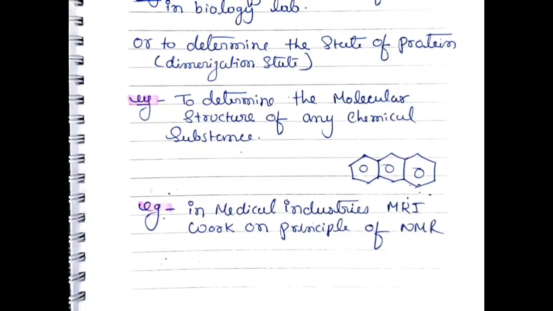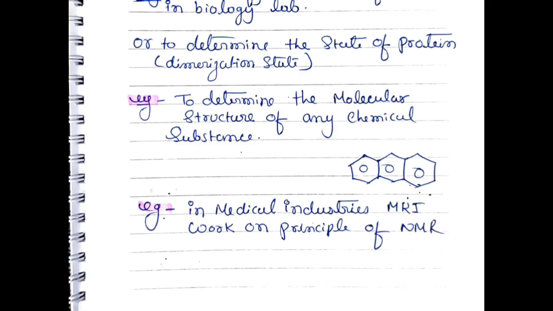If we do not know the structure of a chemical compound, we use different techniques to determine how many carbon atoms, how many hydrogen atoms, and how many hetero atoms are there. So these techniques are used in combination to study the structure.